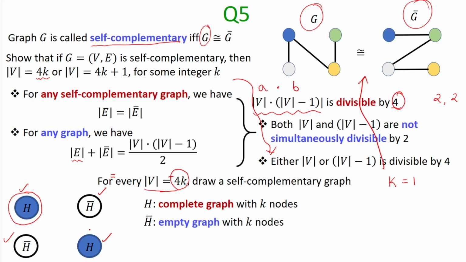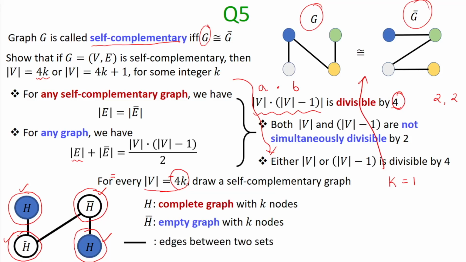And similarly, this copy of k nodes denotes a complete graph with k nodes. And this group, H complement, denotes an incomplete graph of k nodes. That means it's a collection of k nodes with 0 edges. And similarly, this collection of k nodes has 0 edges.